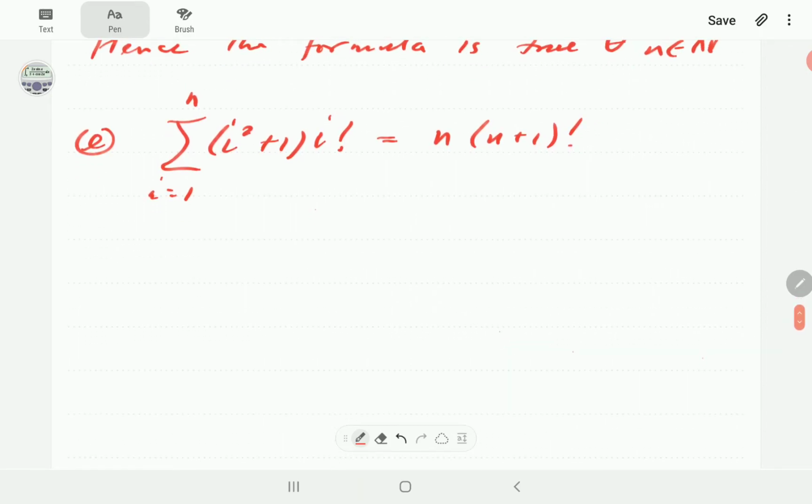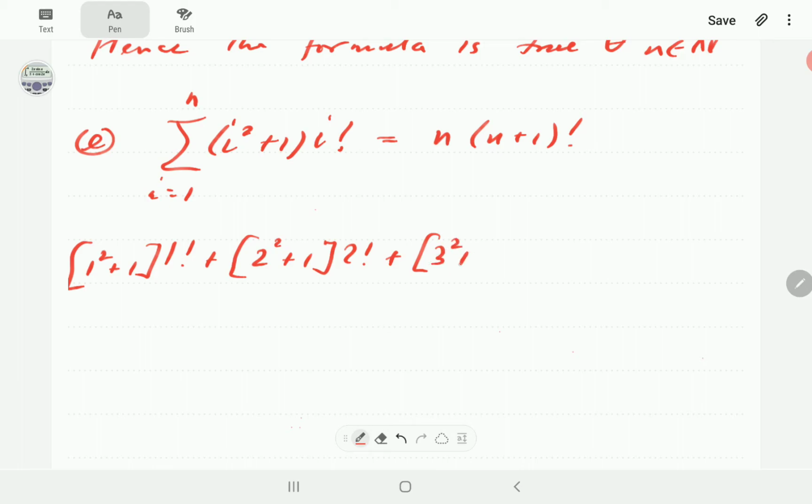So the first 3 terms on the left hand side are going to be 1 squared plus 1 times 1 factorial, then 2 squared plus 1 times 2 factorial, 3 squared plus 1 times 3 factorial, and then term number n is going to be n squared plus 1 times n factorial, and the right hand side is that.